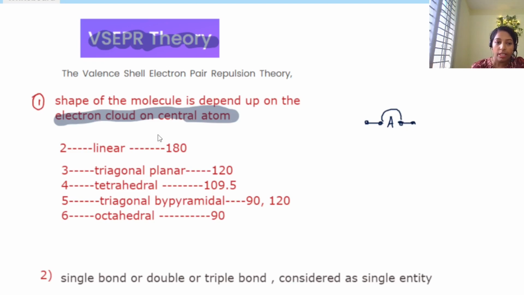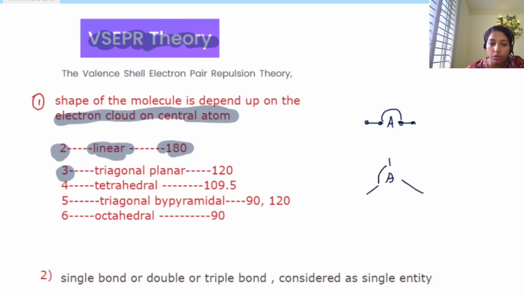If two electron clouds are there, they will align in a linear shape, and the bond angle between them is 180. If three are there, the maximum distance will be trigonal planar. If three lines are there, how do you align them to minimize the repulsion?